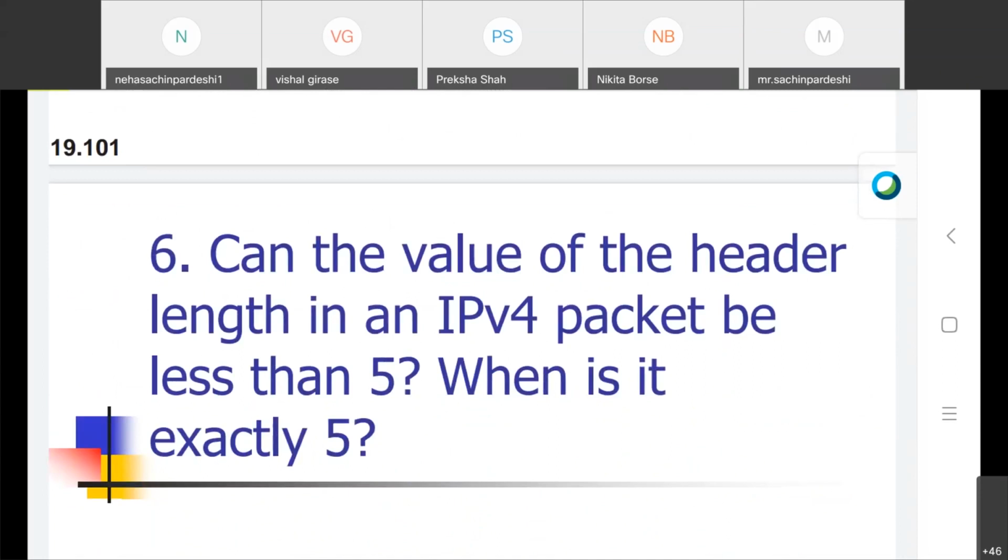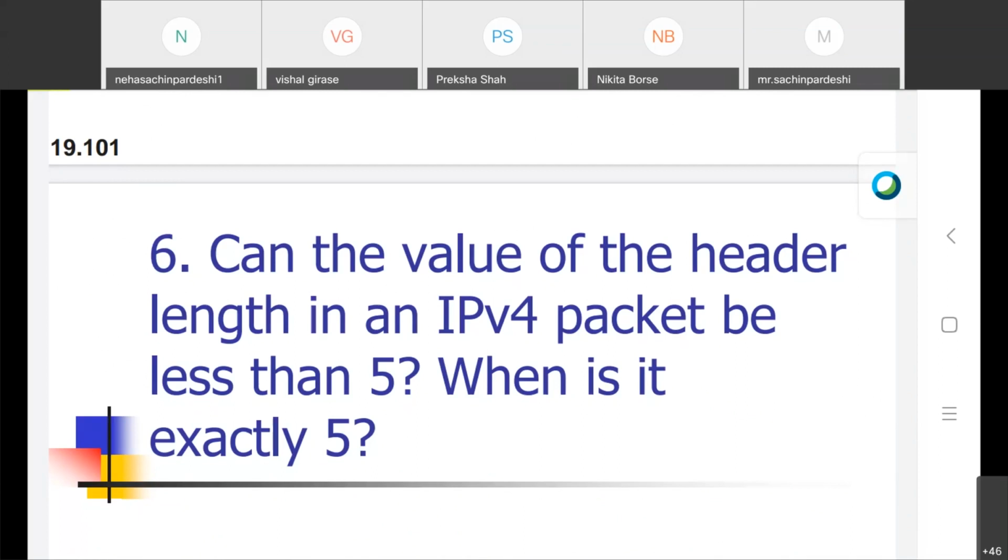Can the value of header length in an IPv4 packet be less than 5? When is it exactly 5? Can the value of the header length in an IPv4 packet be less than 5? No, because the IPv4 header varies between 20 to 60 bytes, and whatever value is there is multiplied by 4.